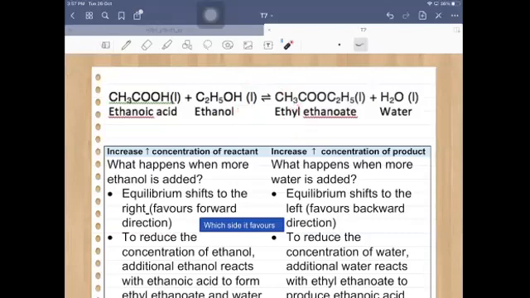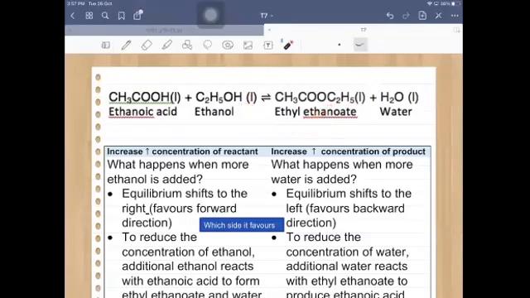This reaction is between ethanoic acid and ethanol. It's ester production. Forward, we call it esterification. And backwards, I don't know if you still remember this, we call it hydrolysis.